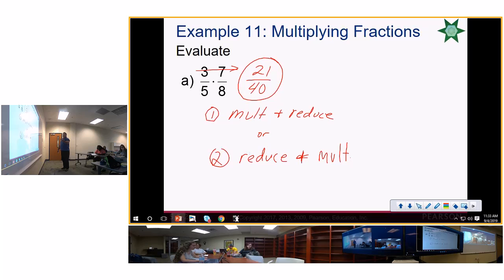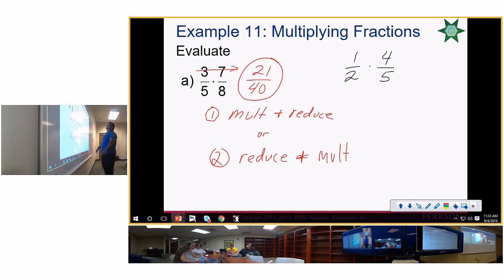Let me show you an example of number 2. Now, I don't like to write in red. 1/2 times 4/5. Now, could I go through and multiply? Yes. I could go through and say 1 times 4 is 4, and 2 times 5 is what?